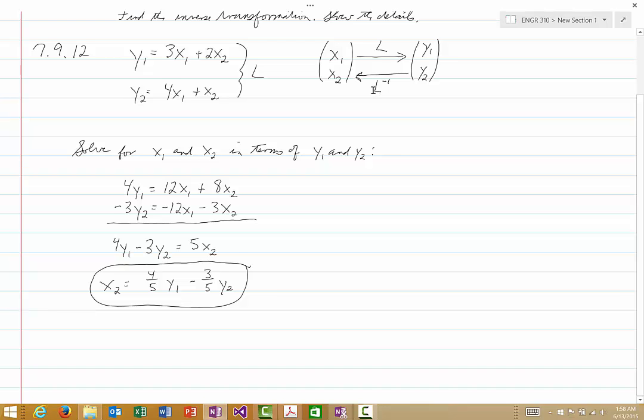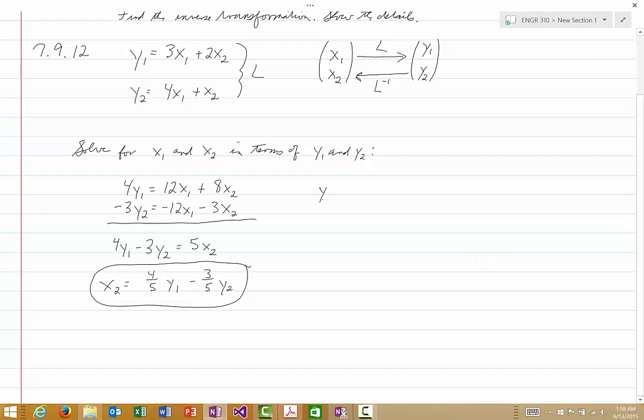Now, to find the rest of the description of L inverse, we need to substitute this value for x2 into either one of these equations that we have up here, and then we can find x1 in terms of y1 and y2. So I'll substitute this expression for x2 into the first equation and see what happens.